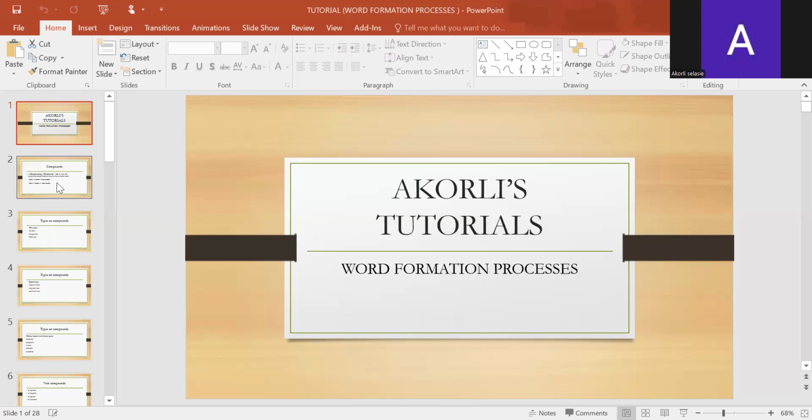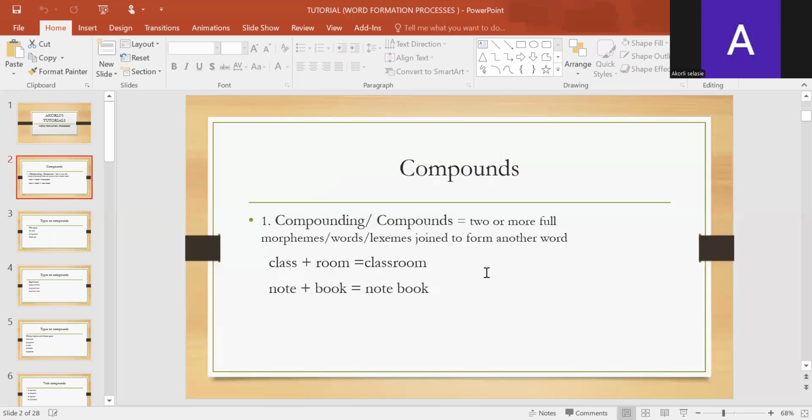So, as just a revision, let's look at the topics, the elements, and some of the definitions of the ways by which languages form new words. Compound or compounding, we talked about it at length.